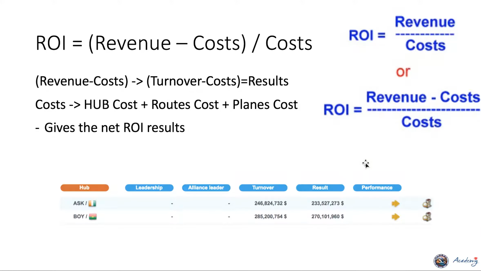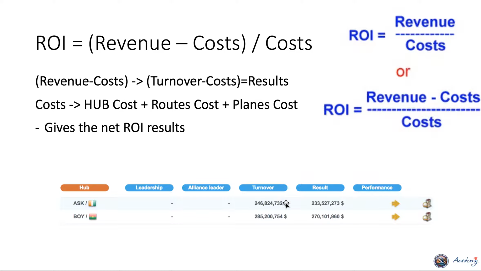The other formula we have available is ROI equals revenue minus costs, divided by cost. What is this? Revenue minus cost is your turnover minus your cost, so your daily net, your daily results. If you look over here, there's a quick screenshot from my network, and you see your turnover right there, and then you see the result.